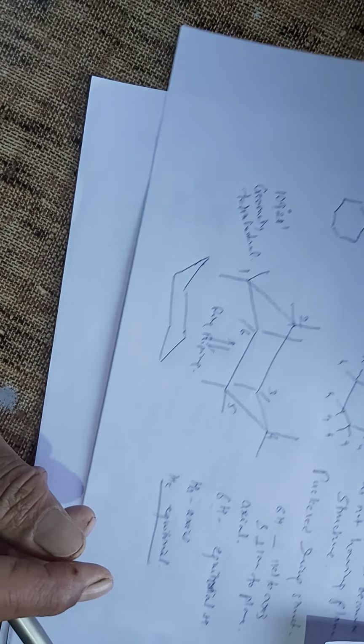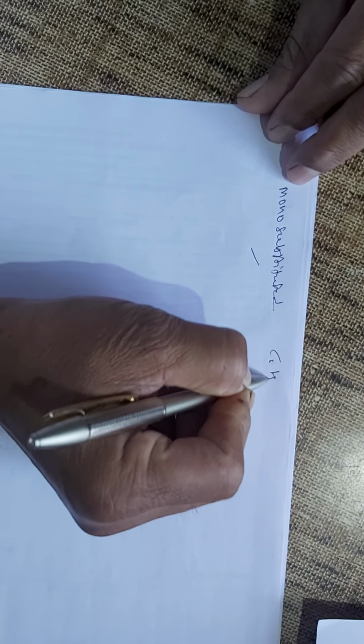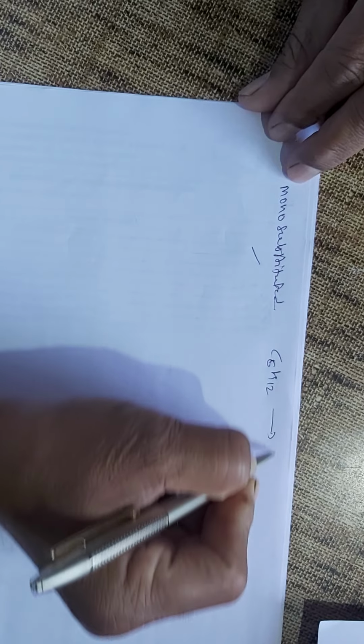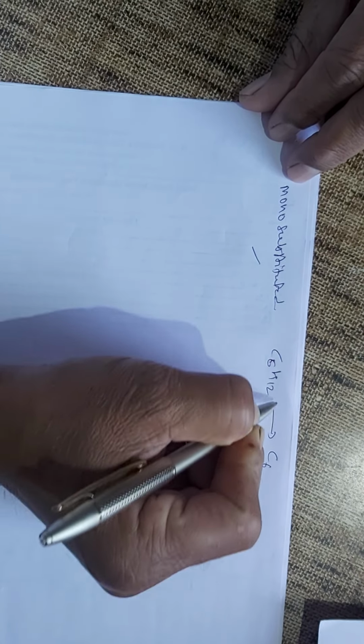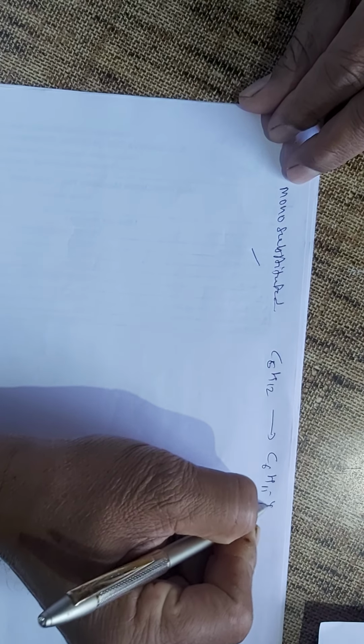Then we have studied the stereochemistry of monosubstituted cyclohexanes. Monosubstituted cyclohexanes means what? C6H12, on treating with X2, you will get C6H11X.